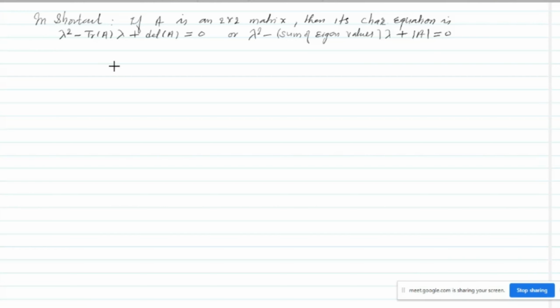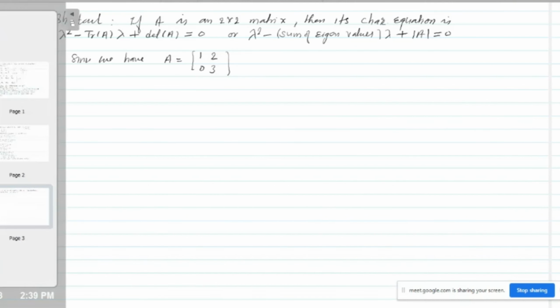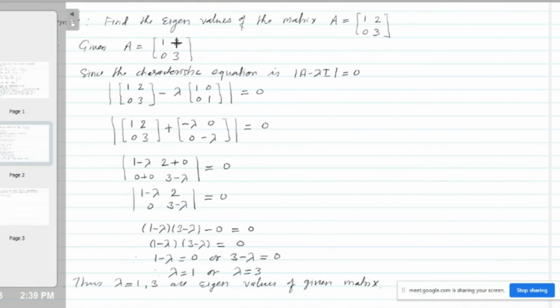In the last problem we had A equal to 1, 2, 0, 3. This is your matrix in the last problem.